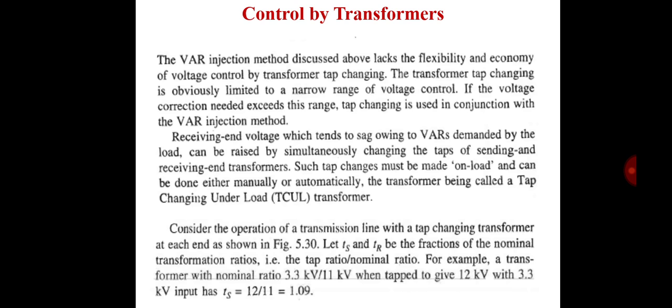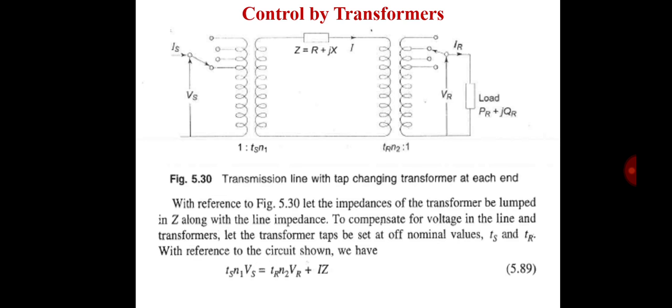For example, a transformer with a nominal ratio of 3.3 kilovolt to 11 kV, when tapped to give 12 kilovolt when 3.3 kV input, here TS is equal to 12 by 11, which is equal to 1.09.